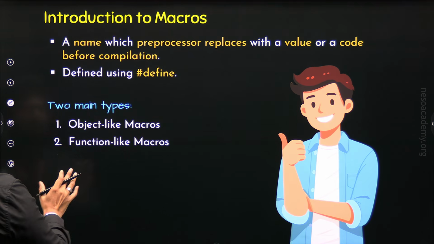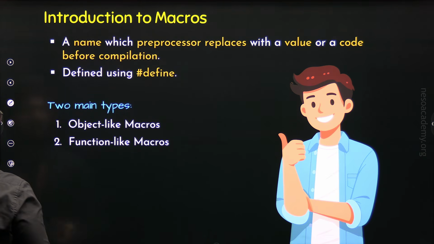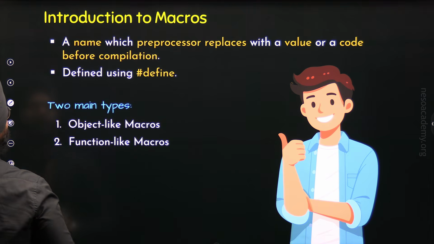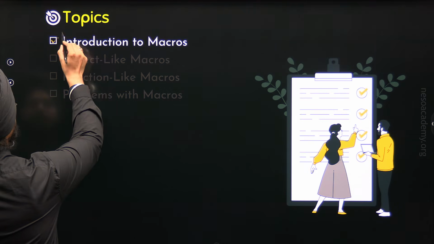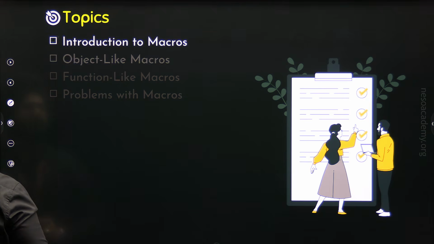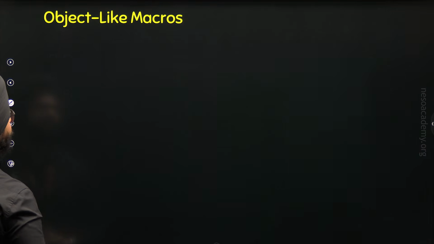Now we have understood what a macro is, how to define a macro, and what are the two main types of macros. So now we are done with the first topic, that is Introduction to Macros. Let's move to the next topic where we will understand object-like macros.